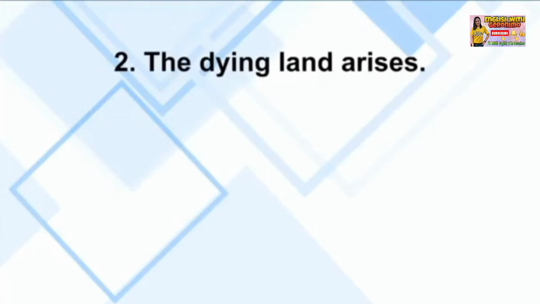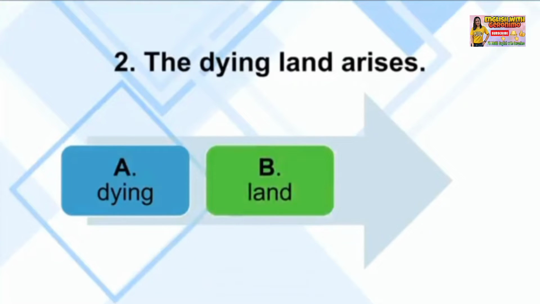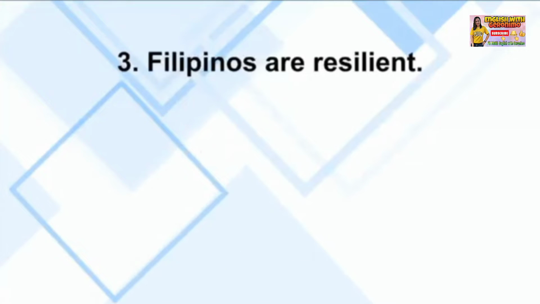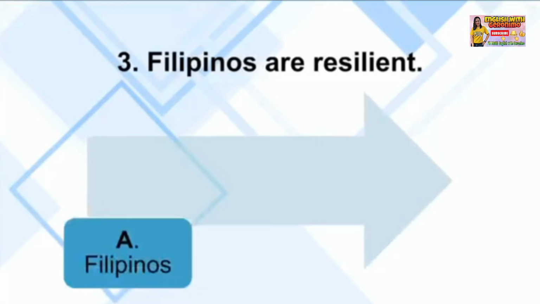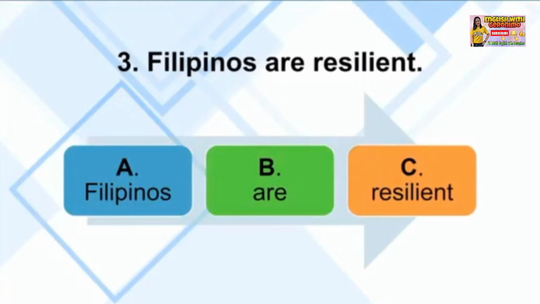2. The dying land arises. A. Dying, B. Land, C. Arises. Correct answer is A. Dying. 3. Filipinos are resilient. A. Filipinos, B. Are, C. Resilient.